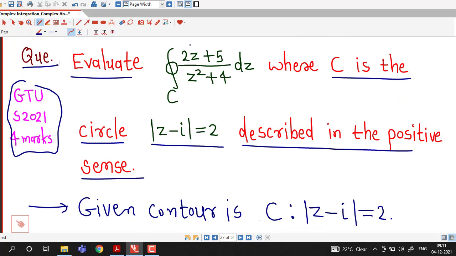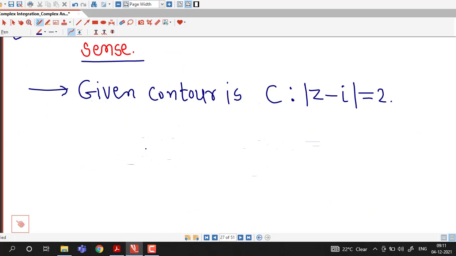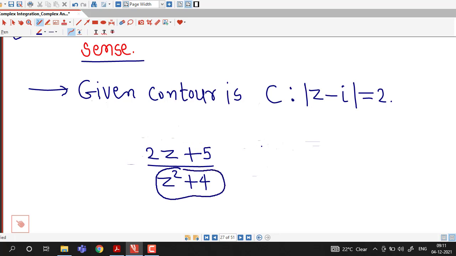Now the function is (2z + 5) divided by (z² + 4). This is a rational function, a division of two polynomials, and we know that a rational function is analytic everywhere except those points at which the denominator becomes 0. So this function is not analytic for those values of z for which z² + 4 = 0.